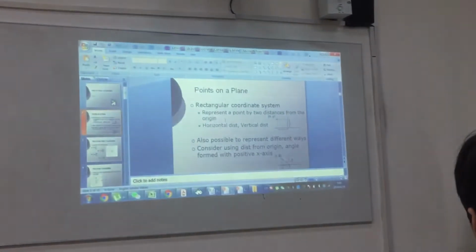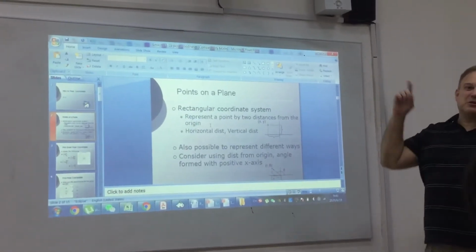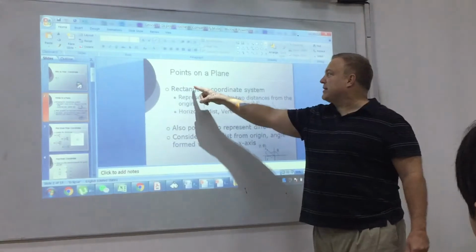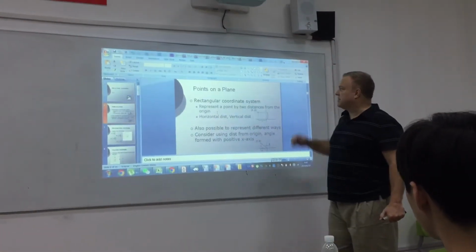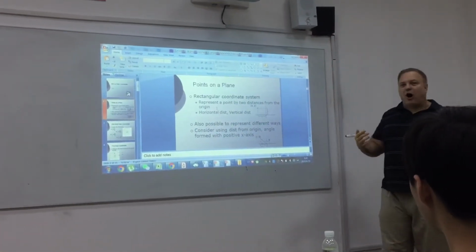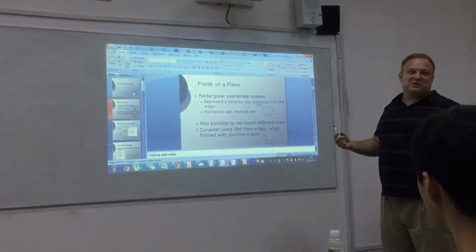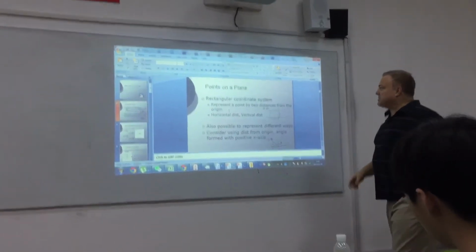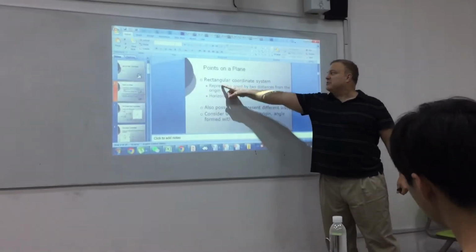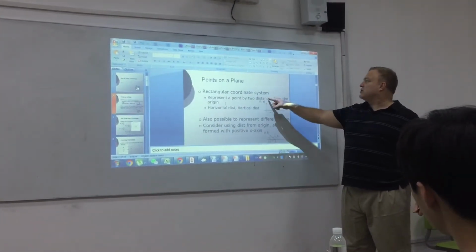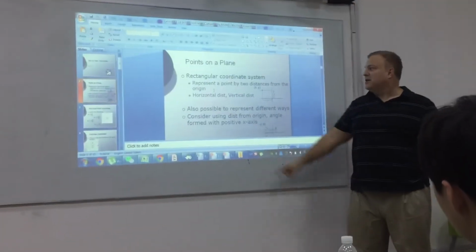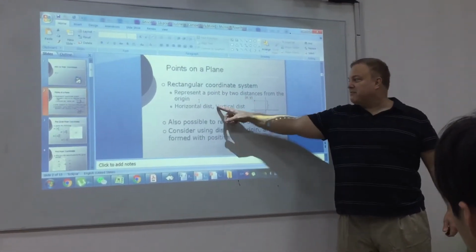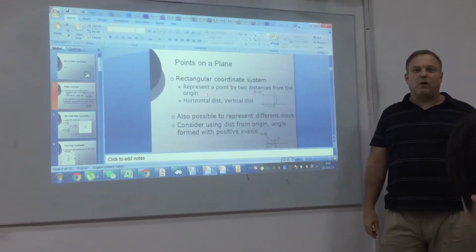Before we actually talk about polar coordinates, let's remind you of what you already know, which is the rectangular coordinate system. The reason we never called it that before is because it was the only coordinate system that you knew. Whenever you have a point, you can represent that point by 2 distances from the origin. You have your horizontal distance, which is usually called x, and your vertical distance, which is usually called y.